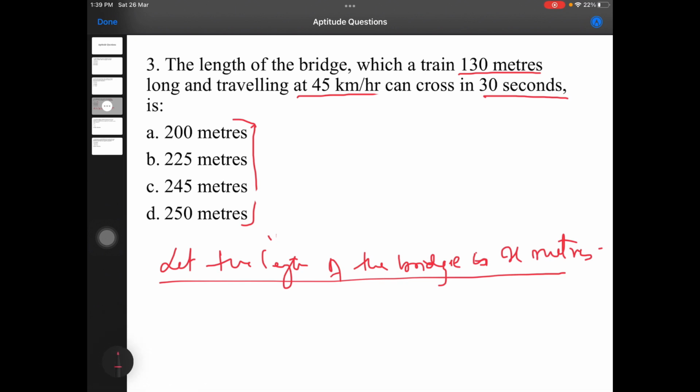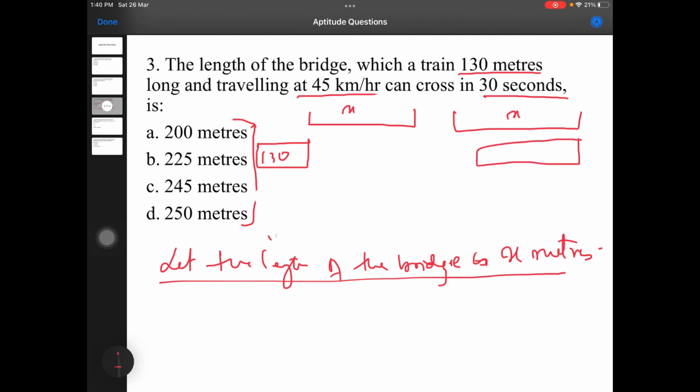We have to consider 3 scenarios. Suppose this is a bridge of length x meter and this is a train of 130 meter. This is the first scenario, and this is our second scenario. This is our bridge of length x meter and this is our train of 130 meter.